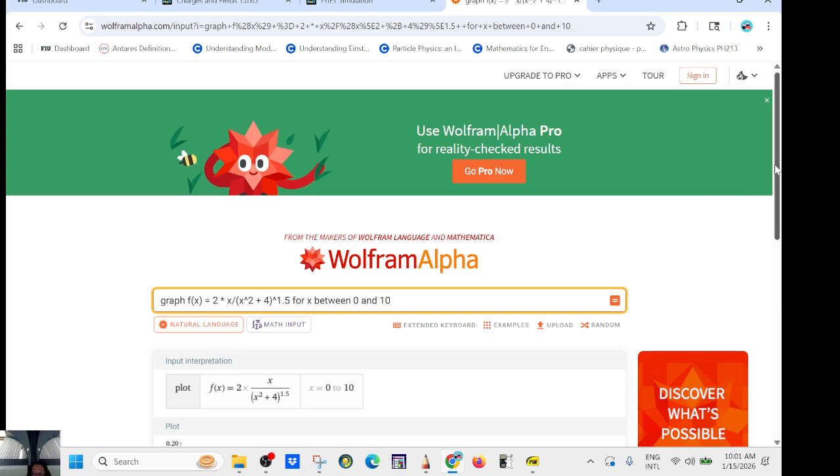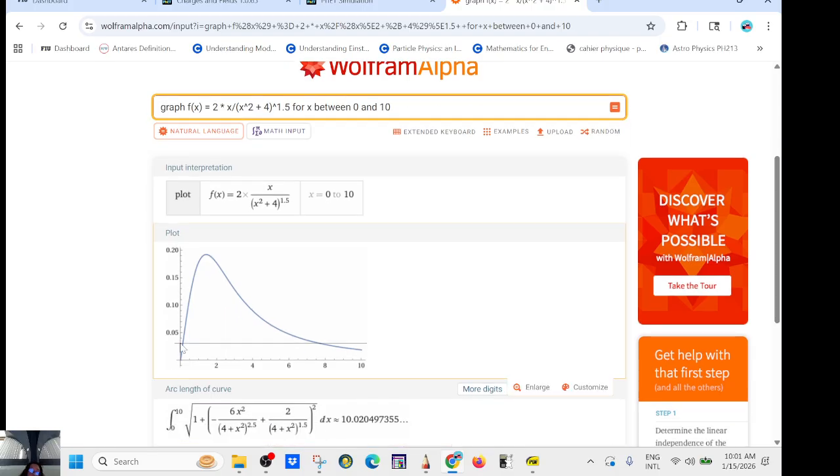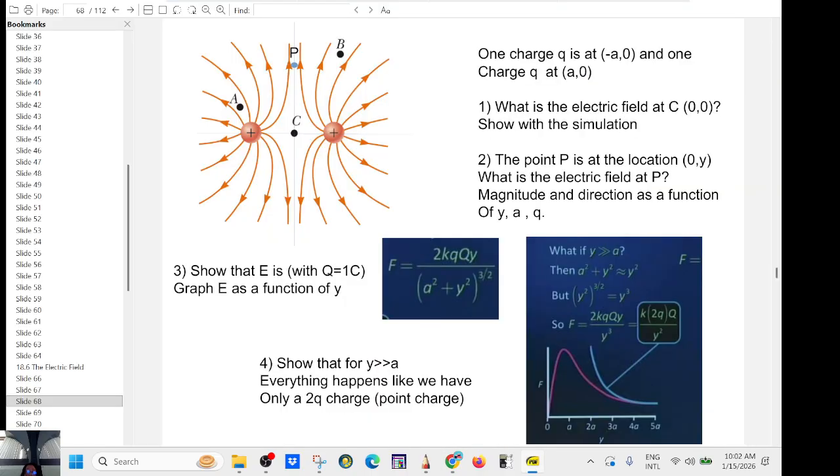Okay, that looks good. And this is the function here. So what does it mean? It means as you move along the bisector, you're going to reach a maximum when y equals 2, and then it's going to decrease. It's very important to know how to do that, because then you have a better understanding. As you move along that line, the electric field is going to increase.